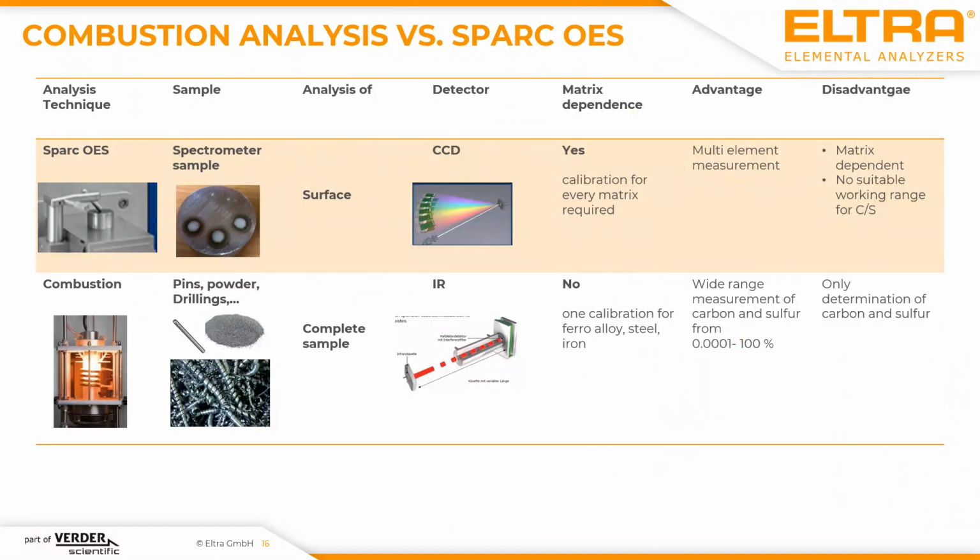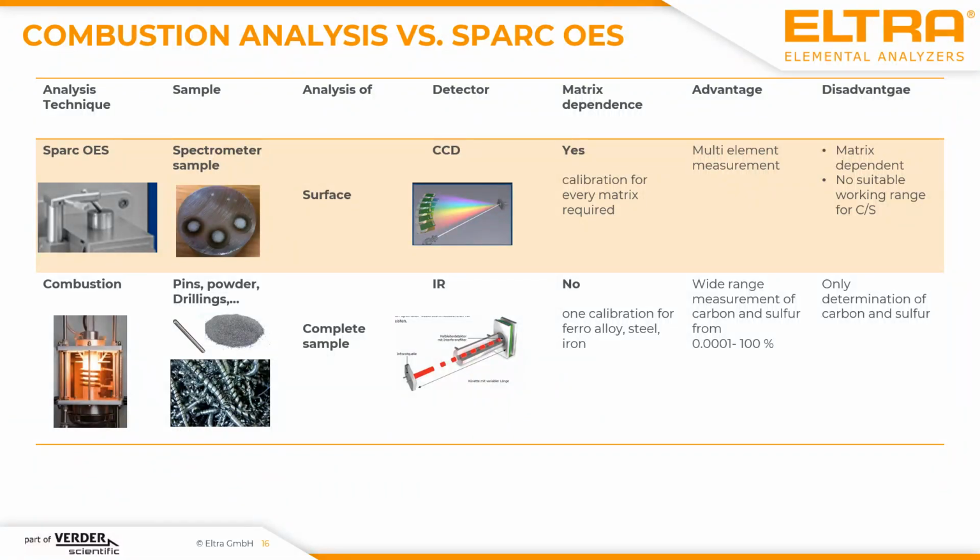For those of you who have maybe a spectrometer in the lab and are currently measuring carbon and sulfur with a so-called spark OES, I will show you the general differences. A spark OES needs a spectrometer sample, and then you always analyze the surface of the sample. This means you do not get deep into the sample, you're just measuring the surface.